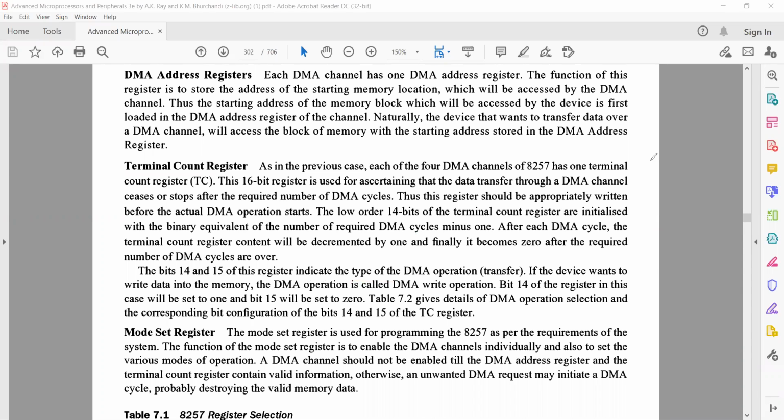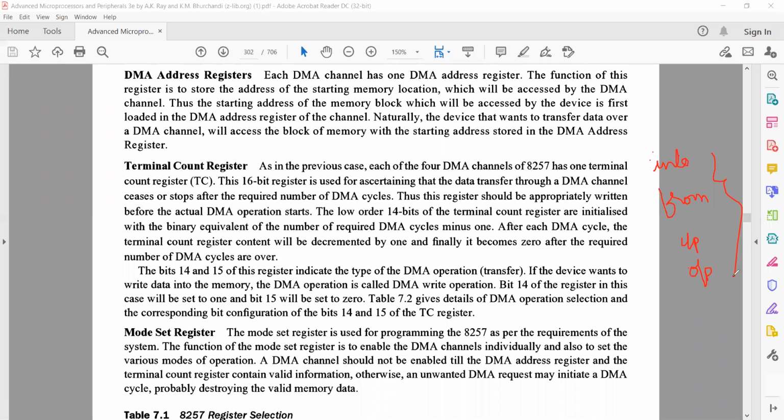We can write into the memory, or we can read data from the memory, or we can write to the input device and output device. These are all the different DMA operations that can be performed.